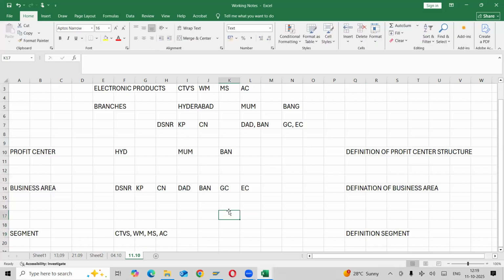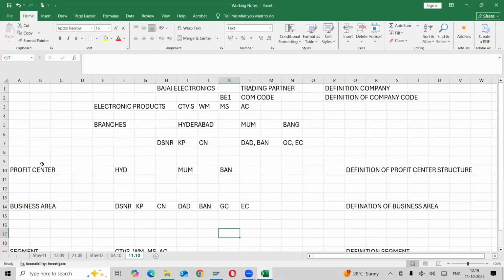So if I want to generate a report at segment level, this is called multi-dimensional reporting. What do you mean by multi-dimensional reporting? I can generate a report profit center wise, business area wise, segment wise. Clear? So these all are assigned to the company code. Whatever company code, BE1, if I want a general report which includes everything, we can generate one report.